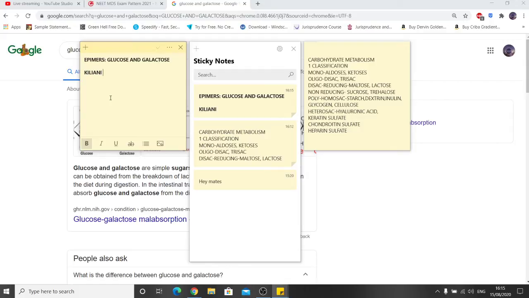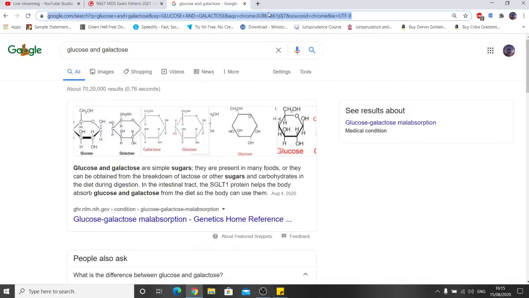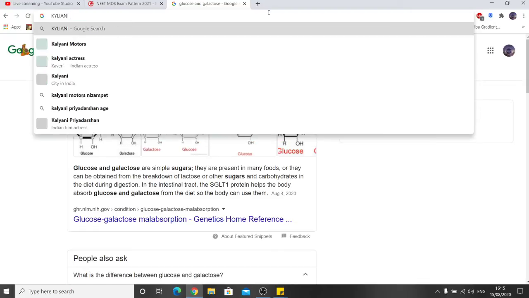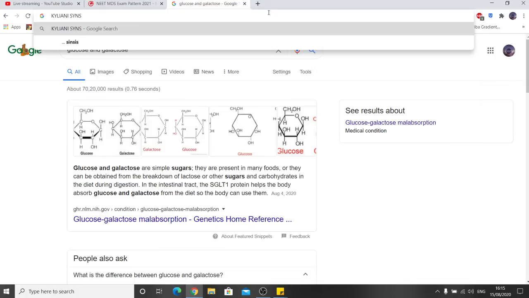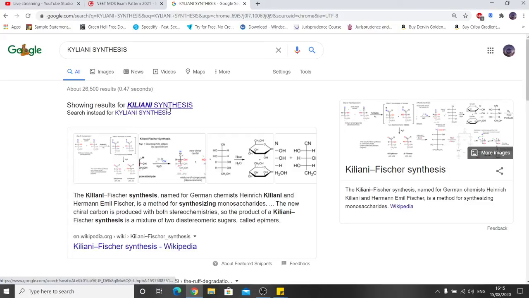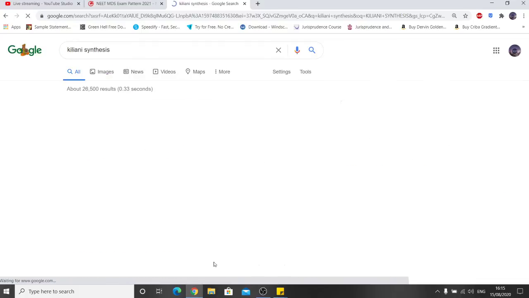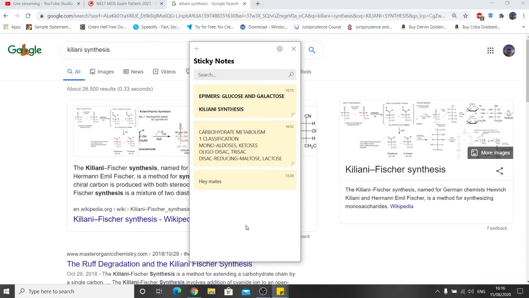Yeah, synthesis. What is this about? Let's use Google at our hand. Did I write the correct spelling here?